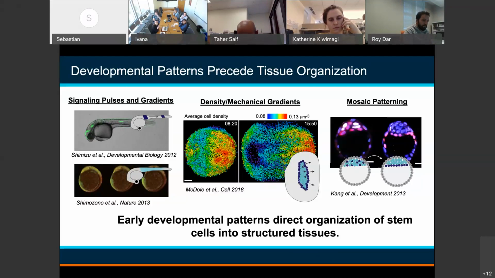And then finally, the one that I will be focusing on is mosaic patterning events. In many cases, the more complicated patterns are the result of an initial mosaic patterning event, which is where a subpopulation of cells acquires different structural and phenotypic characteristics, which then allow it to initiate this cascade of self-organization.